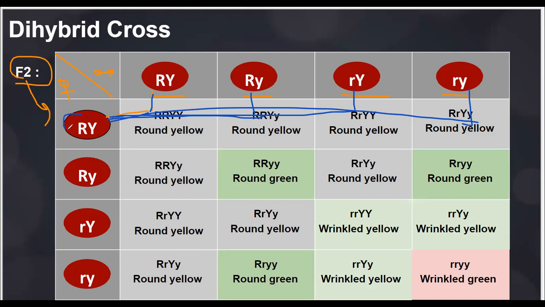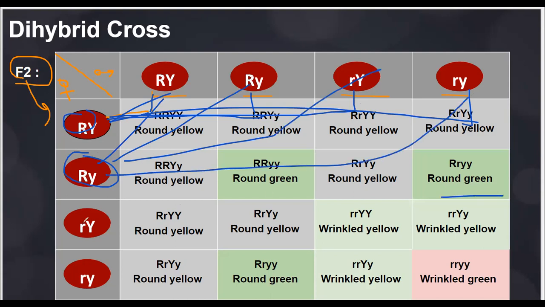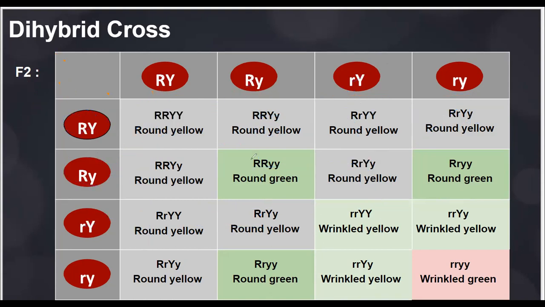So first you will multiply this gamete with all the 4, then you will multiply this gamete with all the 4, and the result you will write in this box. Then this multiplied by this gamete, and so on. Likewise you will do for the remaining. And this is how the predicted possible progenies will be there for 2 characters.